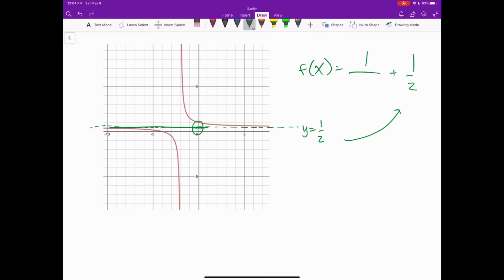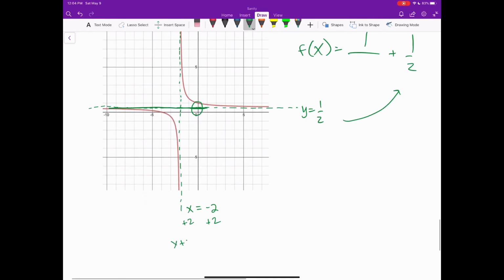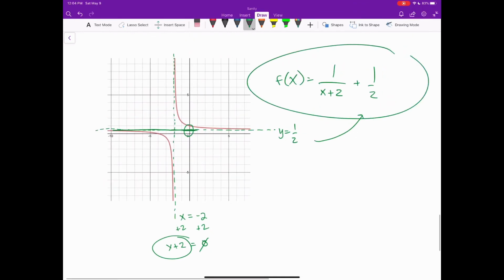And then a vertical asymptote here, it's looking like x equals 2. We agree with that, or -2, excuse me. I have a vertical asymptote at x equals -2. Again, how would we get this equal to 0? Let's just add 2 to both sides, and then I have x plus 2 equals 0. There would be my denominator of x plus 2. All right, there you go.